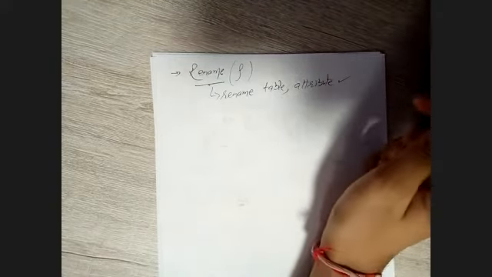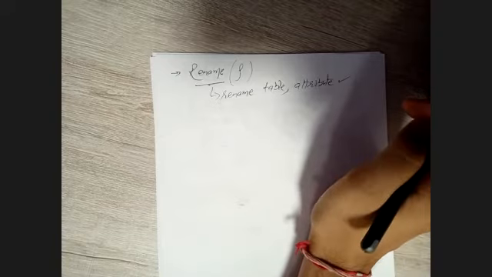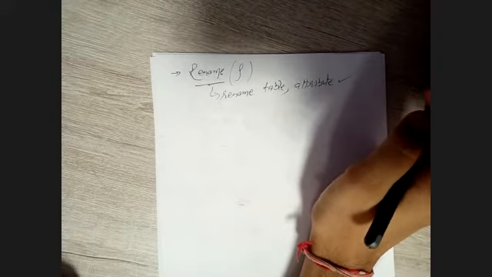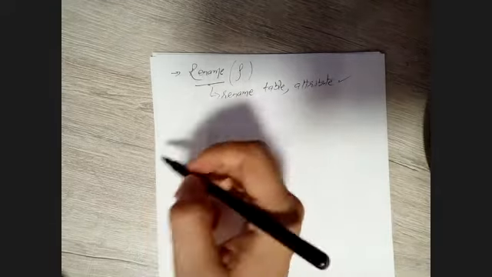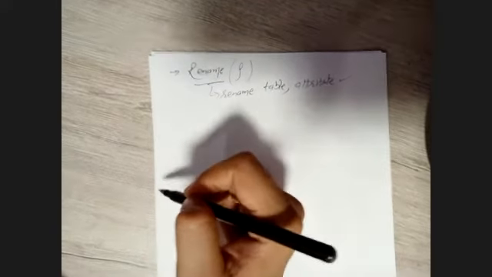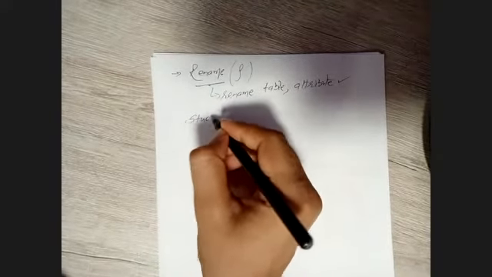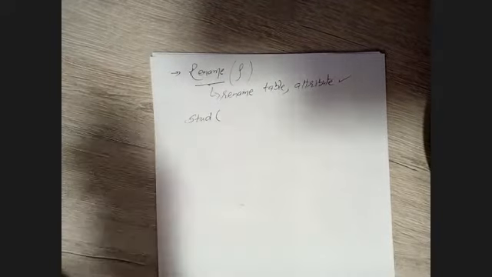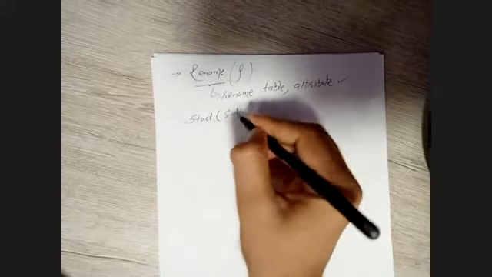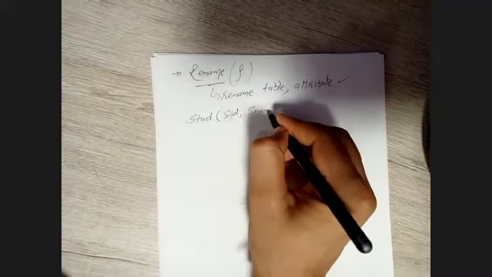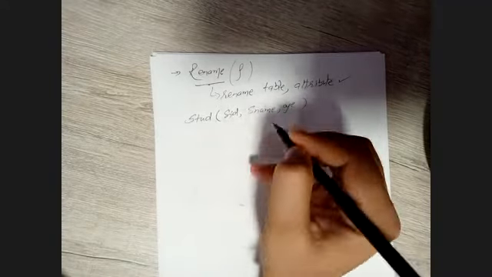So why is there a need for this rename operator, right? We will see that. But before that, let's look at how we can use this rename operator. For example, let's say I have a student table with certain attributes: SID, name, and let's say age of the student.